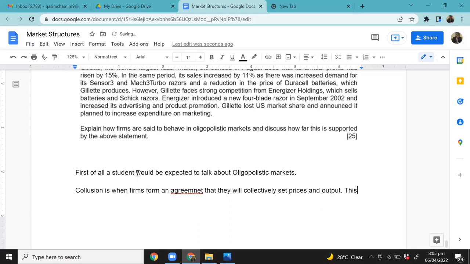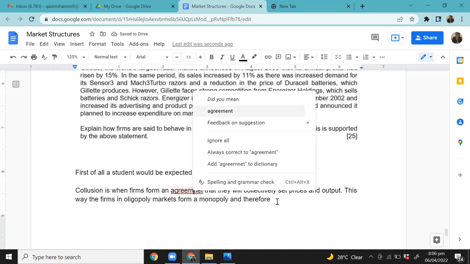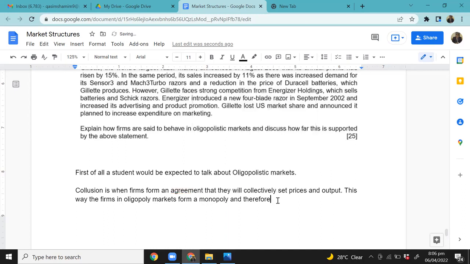This way, firms in oligopoly markets form a monopoly and therefore it gives them complete control over the market, right?